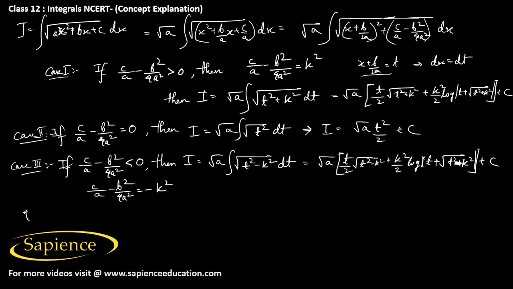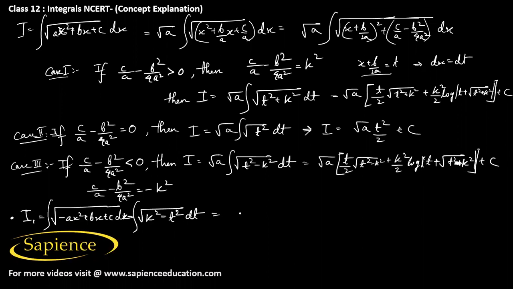And if the integral I1 is asked, that is equal to square root of, suppose, minus ax square plus bx plus c dx, it means that the coefficient of x square is negative, then we can write this as integral square root of k square minus t square dt. In this form we can write.